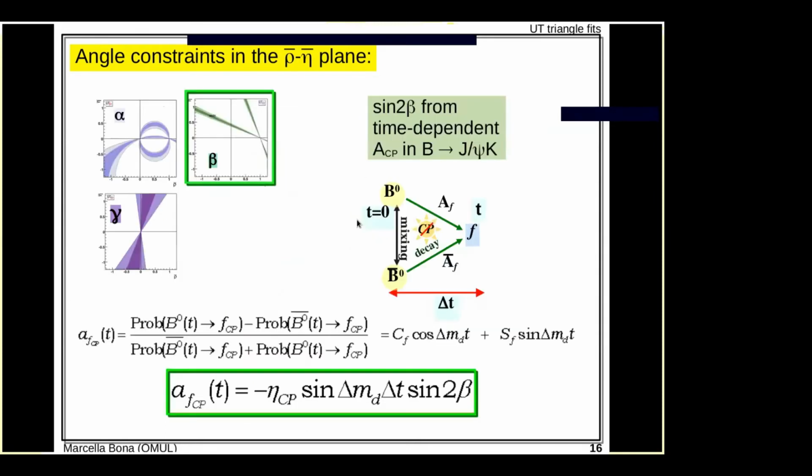Now, the most famous one is, of course, sin 2 beta, and this comes from the time-dependent analysis of the time-dependent asymmetry of the B to J/psi K0 final state. And this exploits the CP violation in interference between mixing and decay.